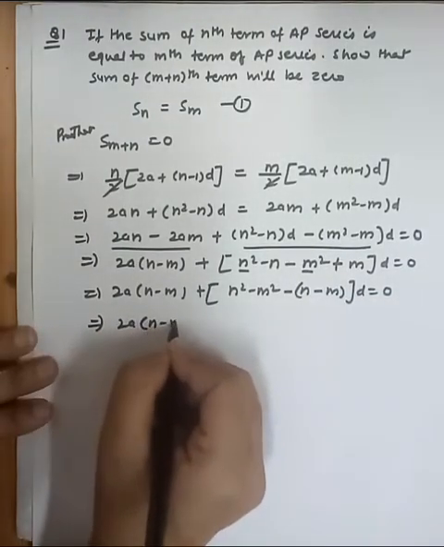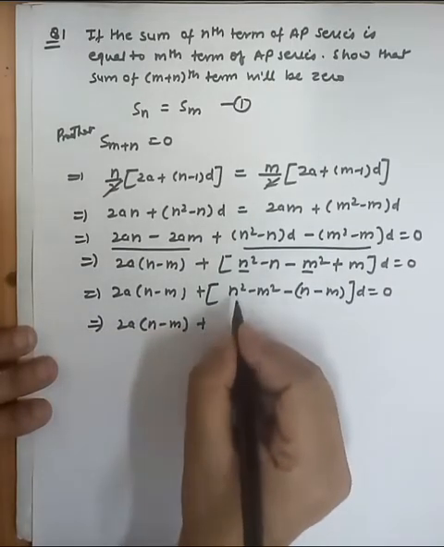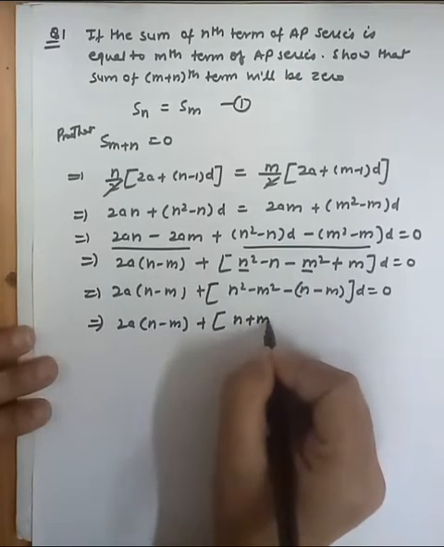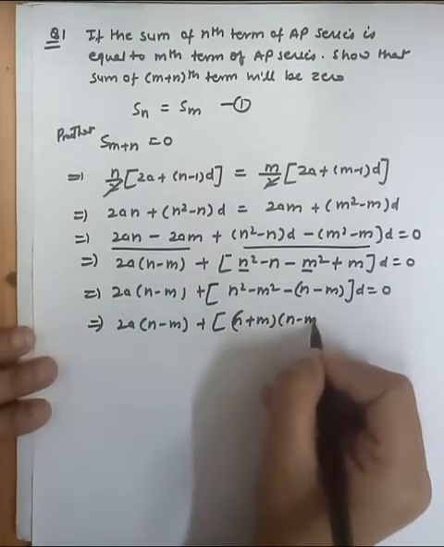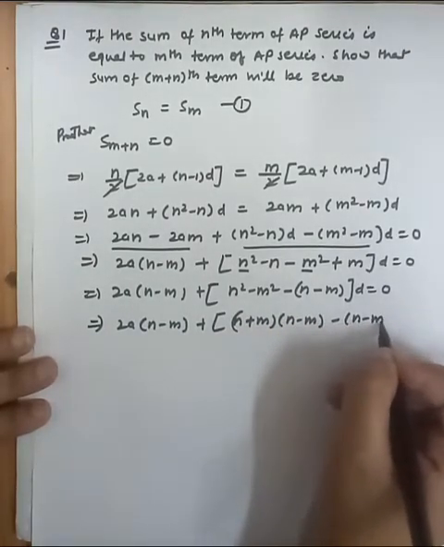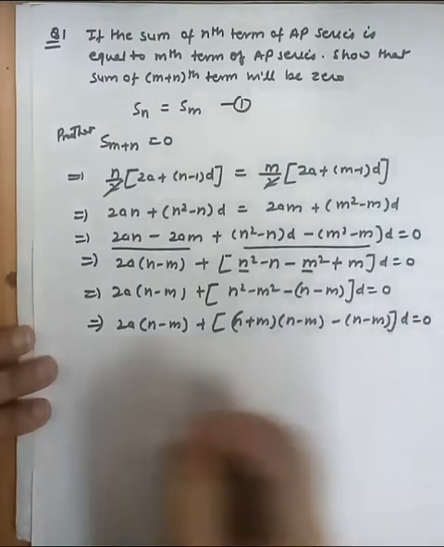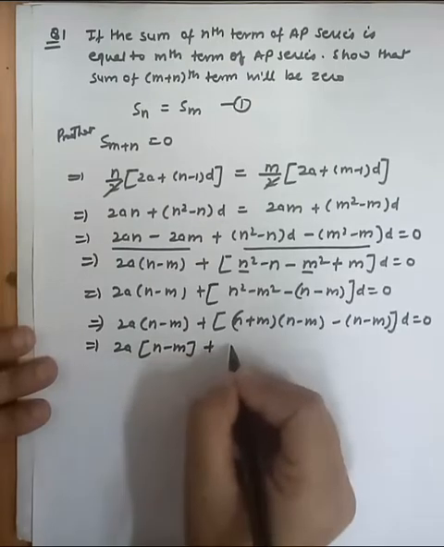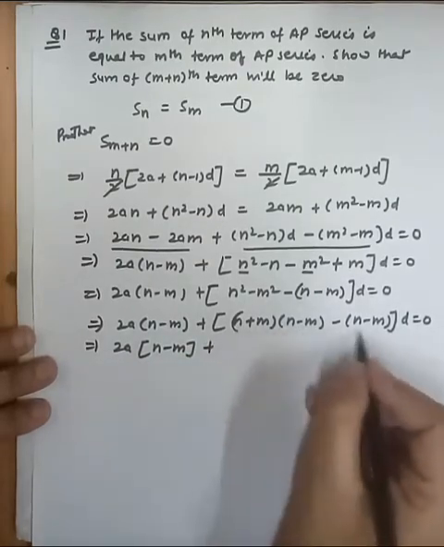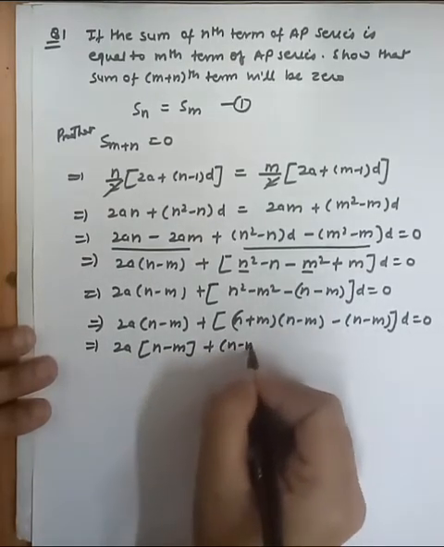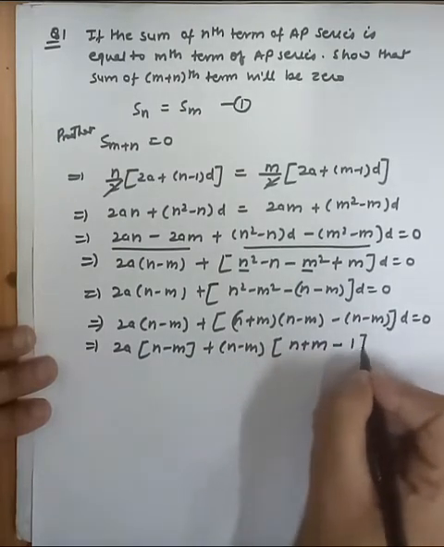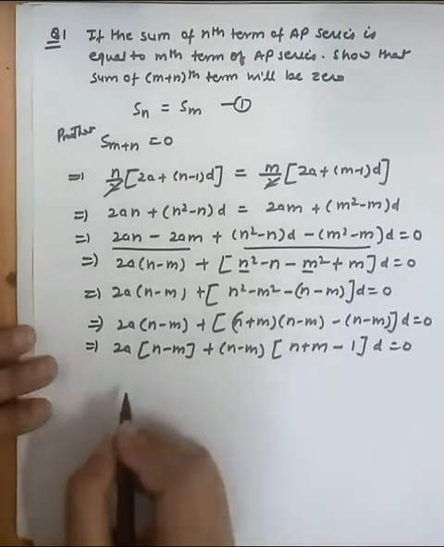Now we know the formula for n square minus m square. We can write (n plus m)(n minus m), and here is n minus m. Now take outside n minus m. So here is (n minus m) (2a plus (n plus m minus 1) d) equal to 0.